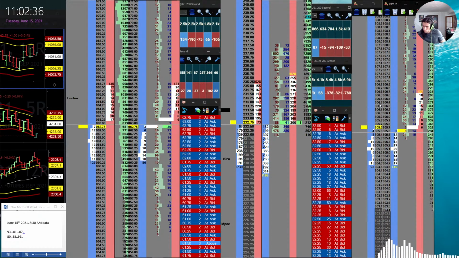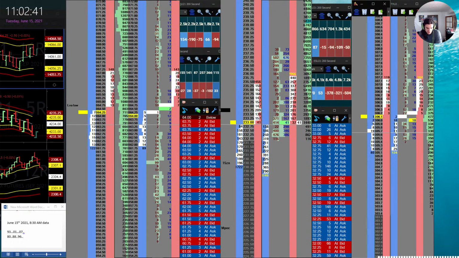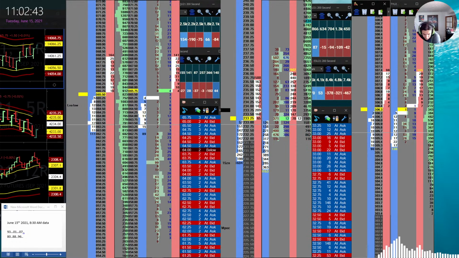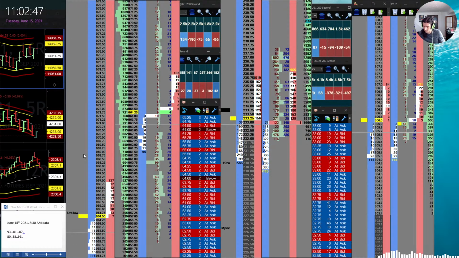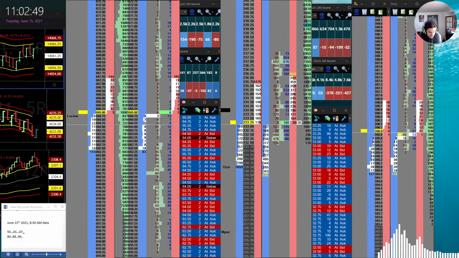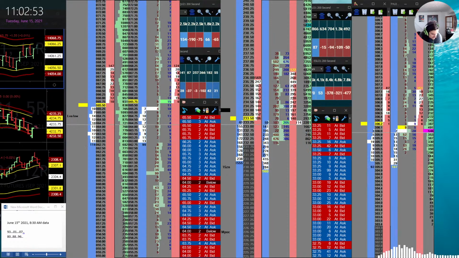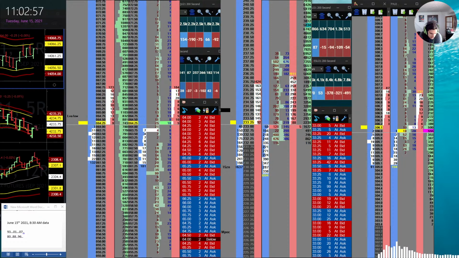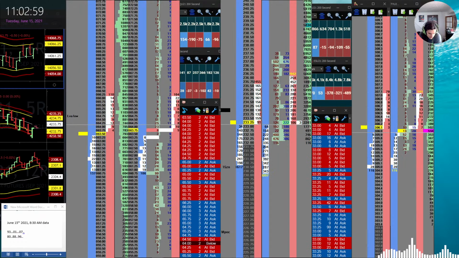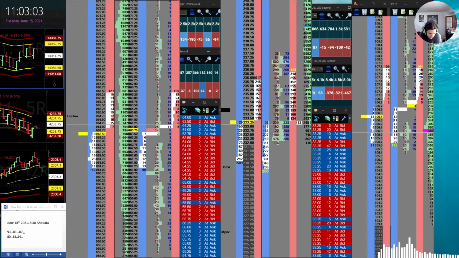Now, give or take, where would you want to trade the ruts here on the bottom end of the range? That's a little tricky. Still have an order here. No orders here. Let me take a look at the ruts here. 09, 06.